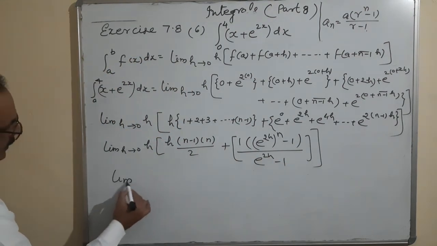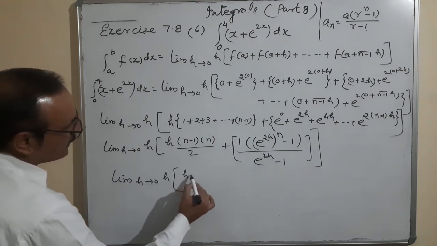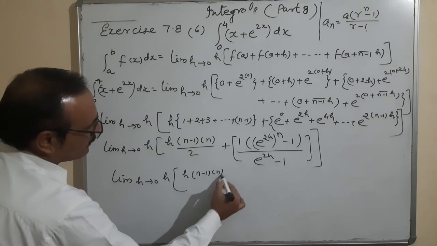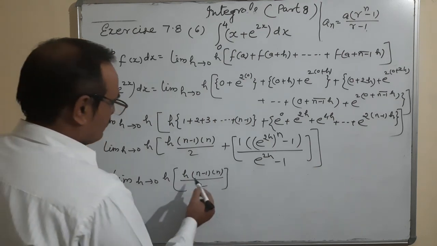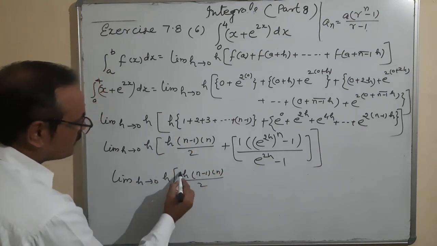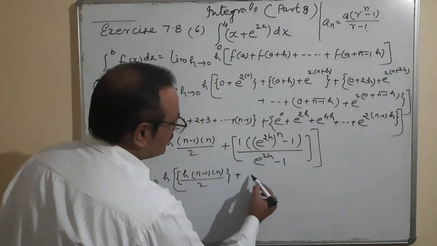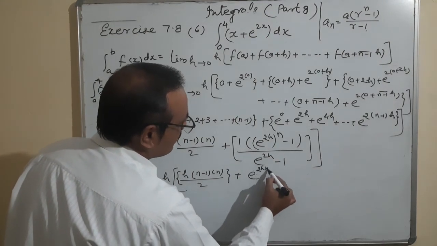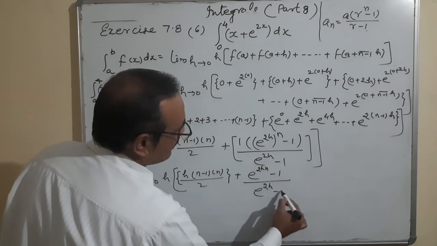Limit h tends to 0, h into (n minus 1) upon n minus 1 into n upon 2. This is the first bracket. I can use a curly bracket here, plus (e to the power 2nh minus 1) upon (e to the power 2h minus 1).